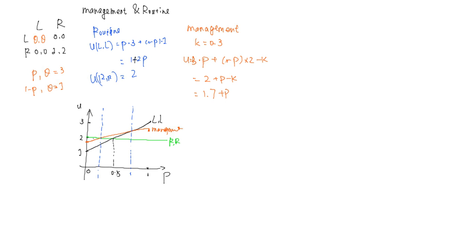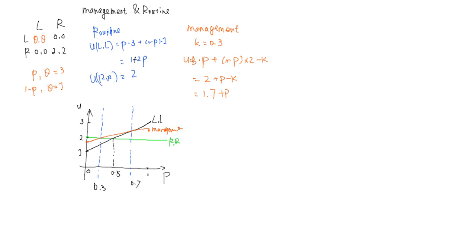When the uncertainty is low, in the sense that it is either extremely likely to be low value or extremely likely to be high value, we can work out the values. This point should be p equal to 0.3, and this point should be p equal to 0.7.